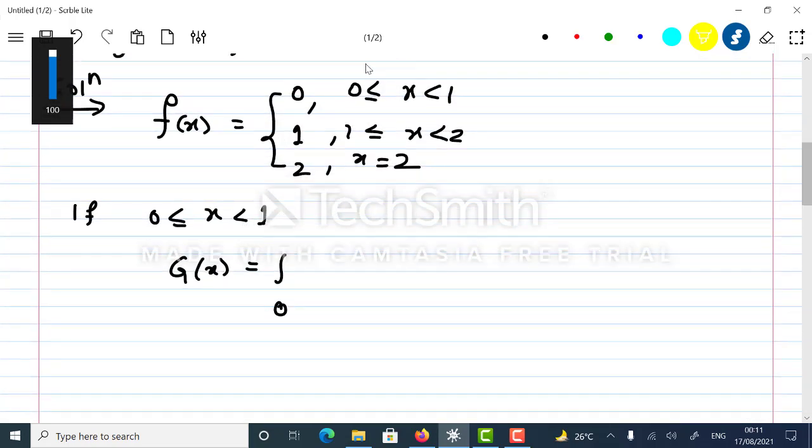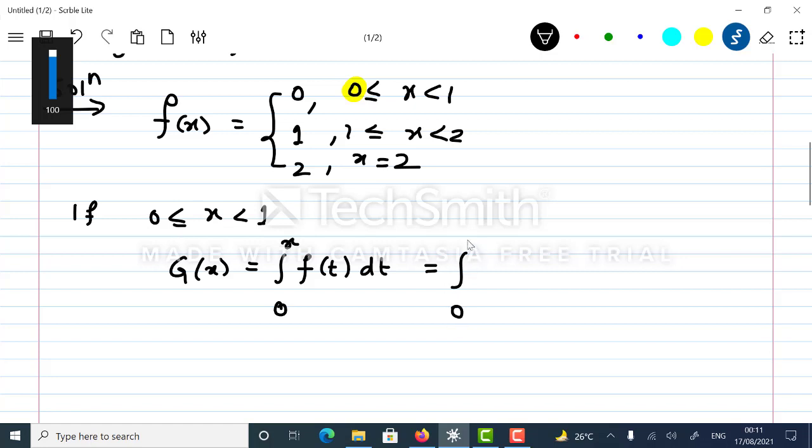Here in this case my a is 0. So 0 to x f of t dt. Now where does x belong? X between 0 to 1. In that case, my function f of x is straight away 0. So I should write down here, it is 0 dt. So the integration is 0.